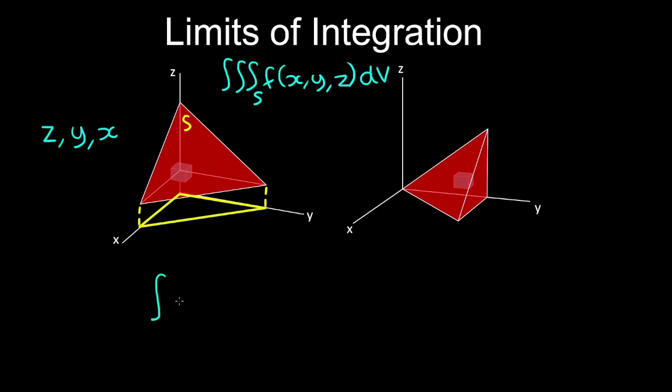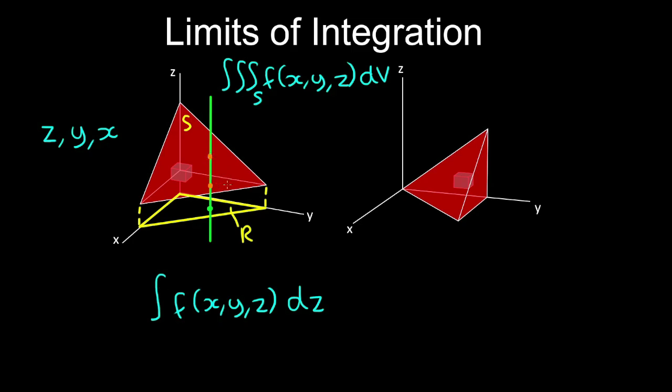First we'll integrate our function of 3 variables with respect to z. To find the z limits of integration, we take some point in this planar region R and draw a line through this point parallel to the z-axis. This line cuts the bottom surface of the tetrahedron and this front surface.